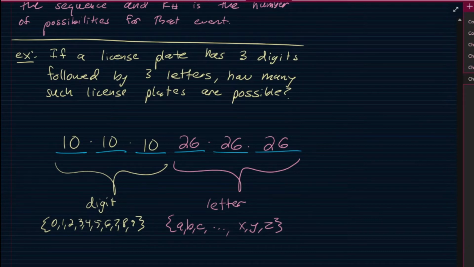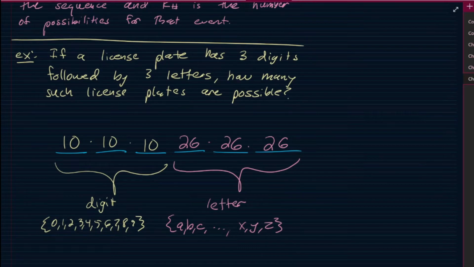If repetitions aren't allowed, that would mean that whatever you pick in the first slot changes what you could put in the second slot. So it's similar to that conditional probability that we just spoke about. If we weren't allowed to repeat digits, it would be 10 in the first slot, then 9, and then 8.